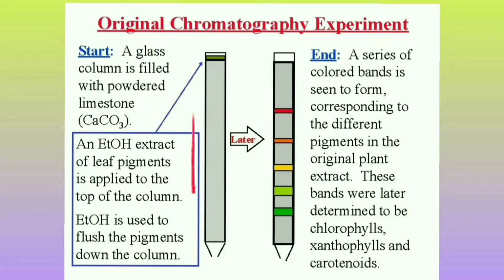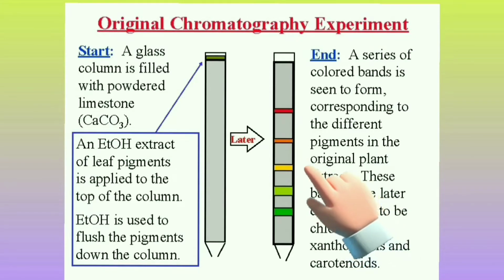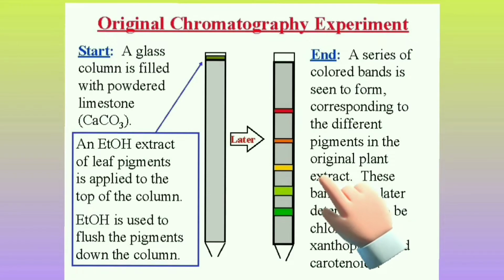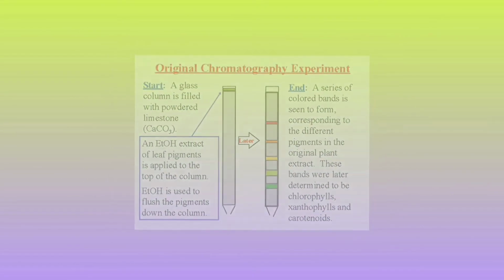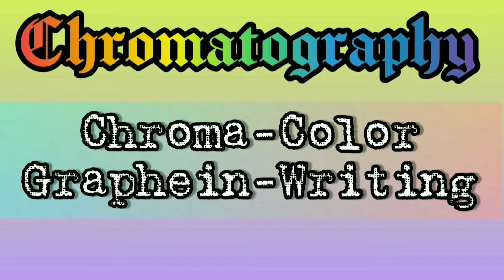He then poured petroleum ether-derived extracts through the columns. As he continued eluting the columns with solvent, he noted the formation of yellow and green zones. For these color bands, he chose a name for the method: Greek chroma meaning color and graphein meaning writing.